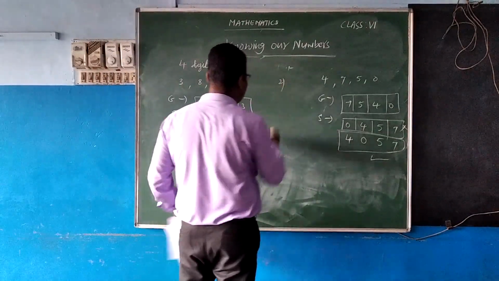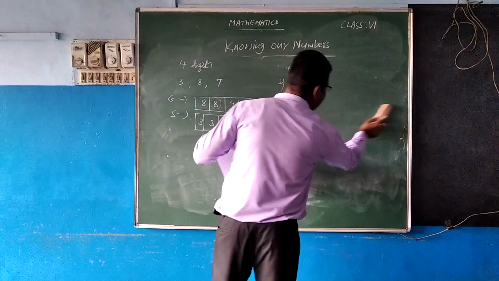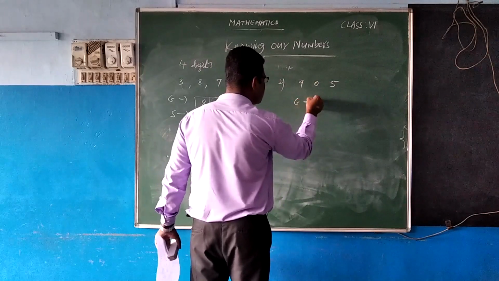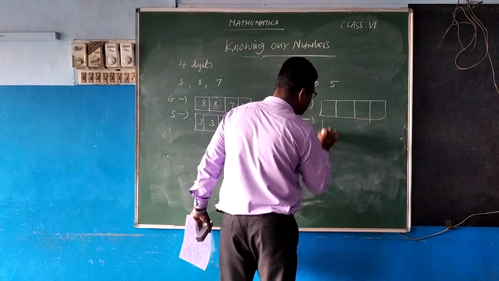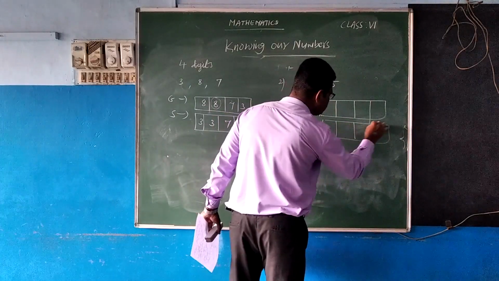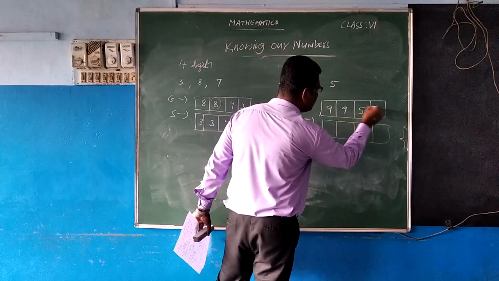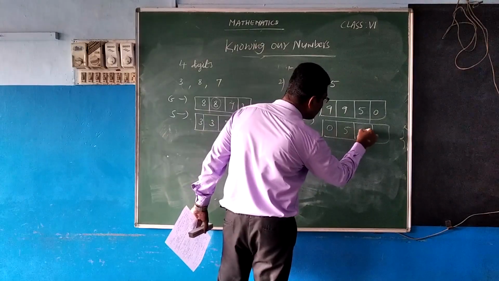Can you do this? Second one, same question. Example is 905. Greatest number, smallest number. Greatest number is 9, the highest digit. Repeat it. Then 0, again 0599.